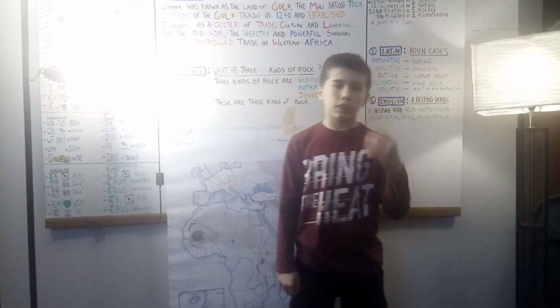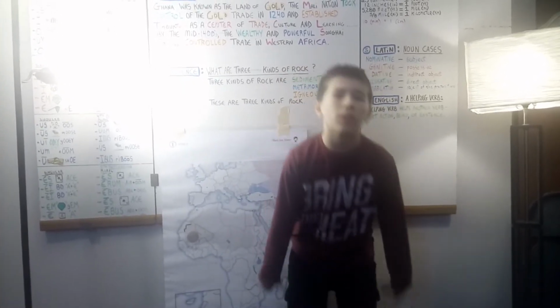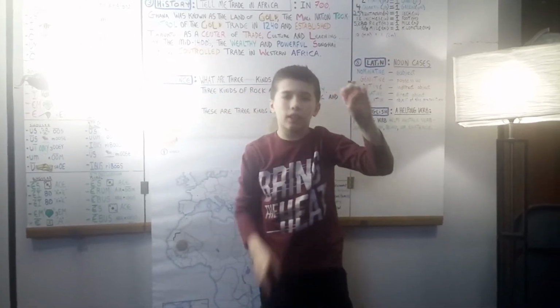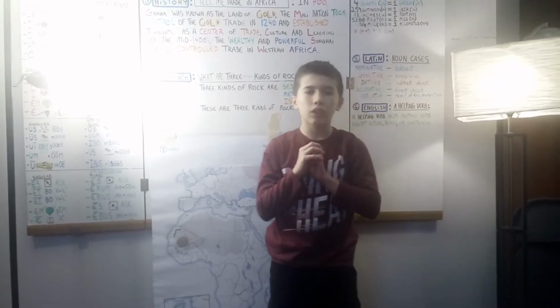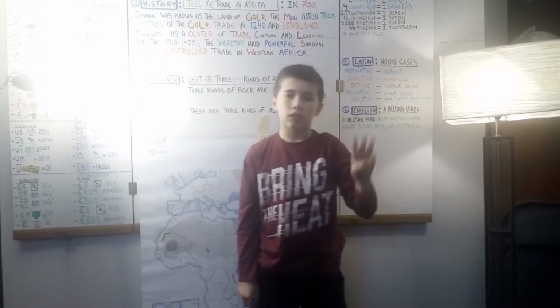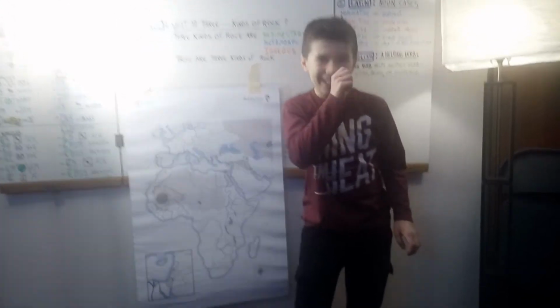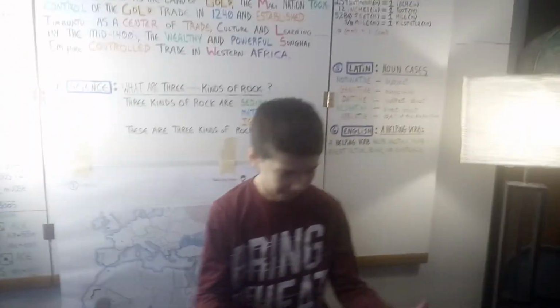By the mid-1400s, the wealthy and powerful Songhai Empire controlled trade in Western Africa. And he threw money up in the air for the wealthy, and Africa is going around his face.